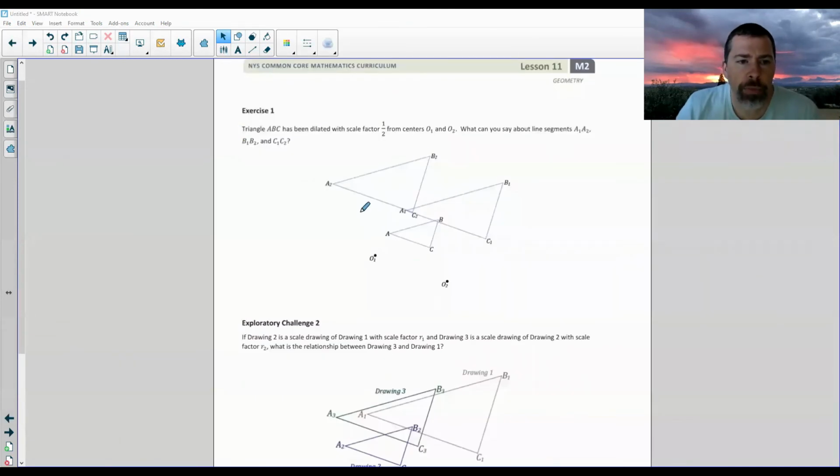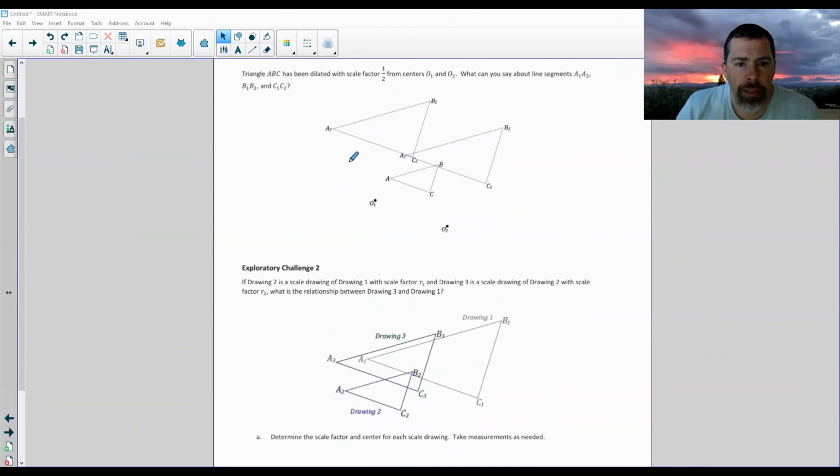Page 2, exercise 1. The triangle ABC, right here, ABC, this little one, has been dilated with a scale factor of 1/2 from center O and O2. What can you say about the line segments A sub 1, A sub 2, which is right here, B sub 1, B sub 2, and C sub 1, C sub 2?